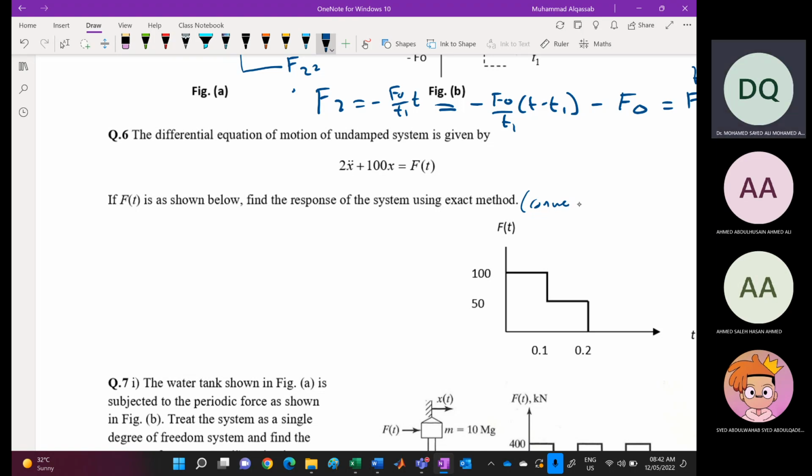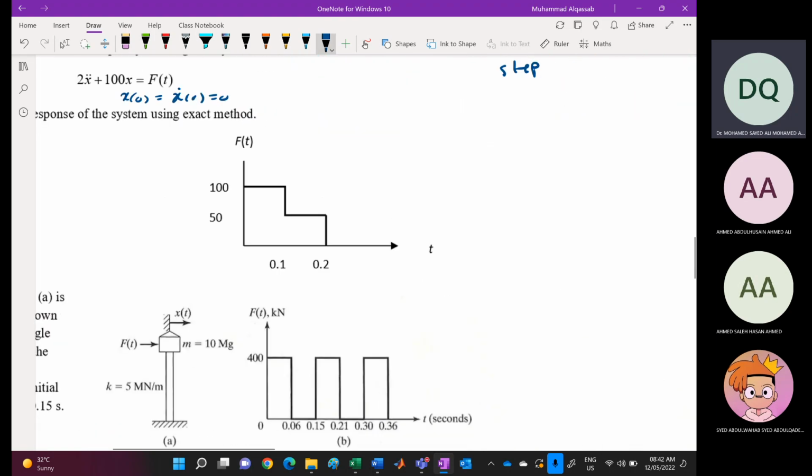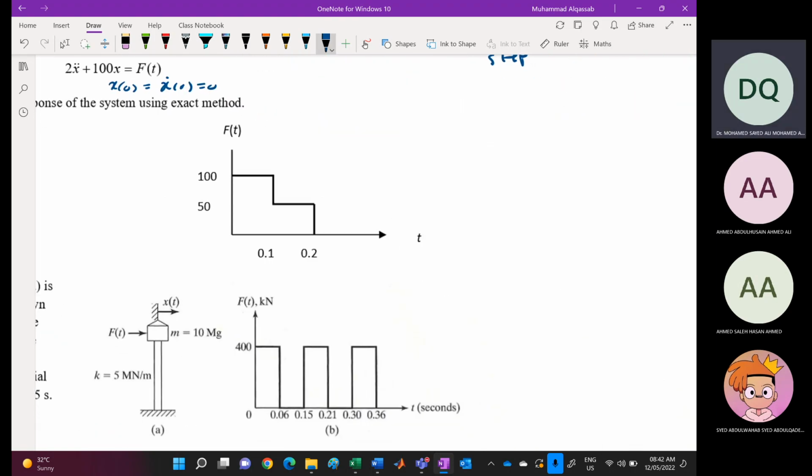It's not a numerical method. Use the convolution integral with 0 initial conditions, so we have x at 0 equal to x dot at 0 equal to 0. Here we have steps. There is no rise. So this is f1, and then we have f2.